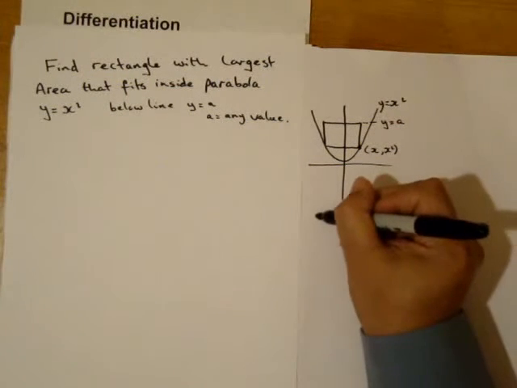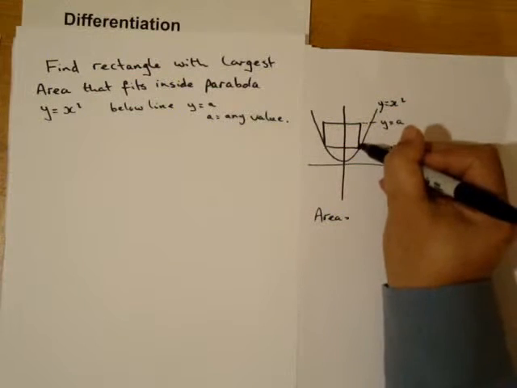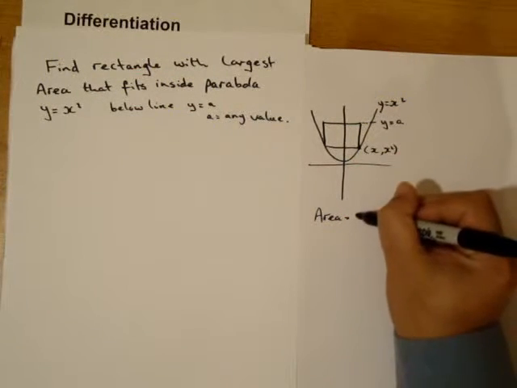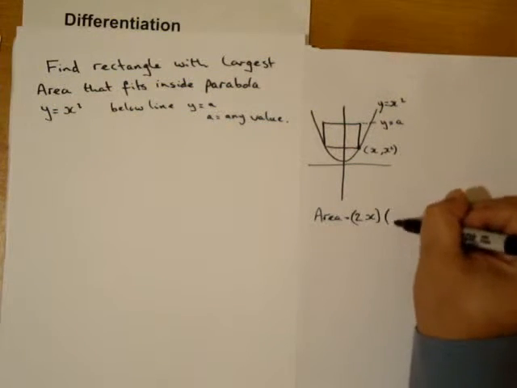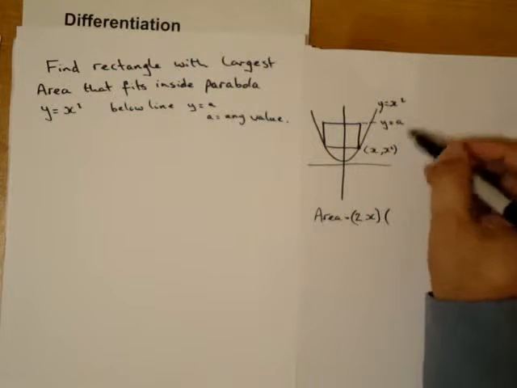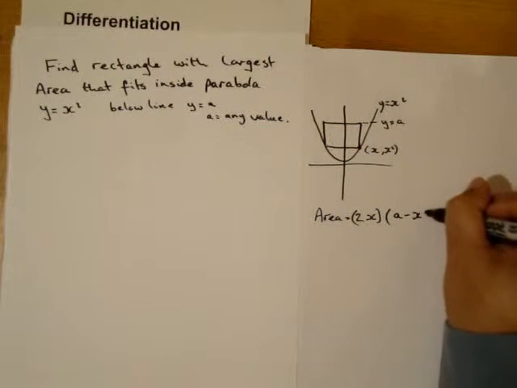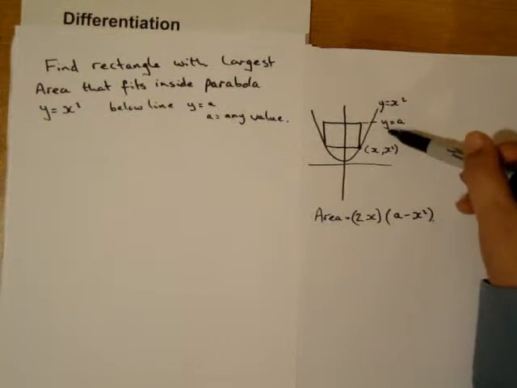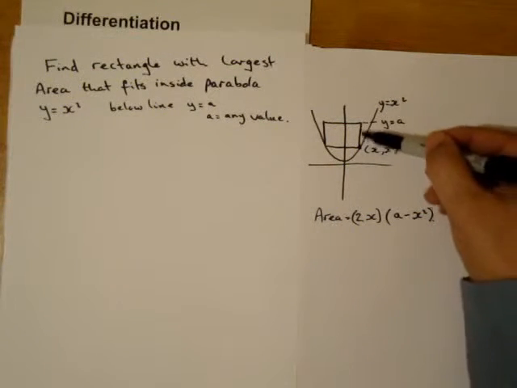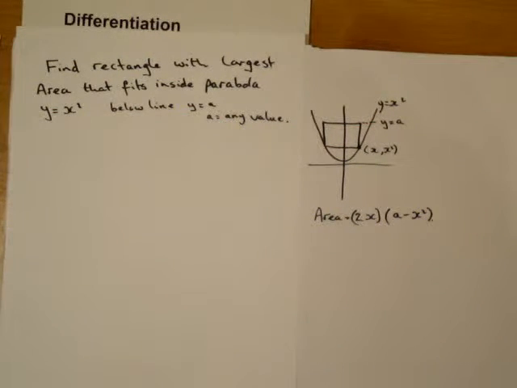So the area equals, because this is x and x on both sides, 2x, and then we multiply that by a minus x squared. So that would be that value of y minus that value of y to give us the total length, or the height there. So that's the area we've got in algebraic form.